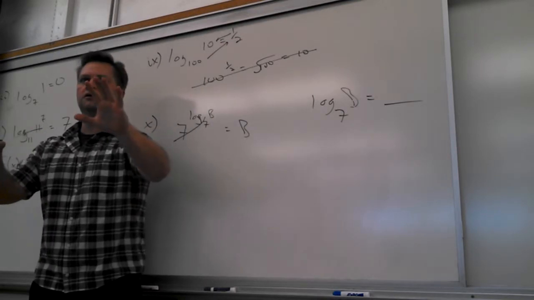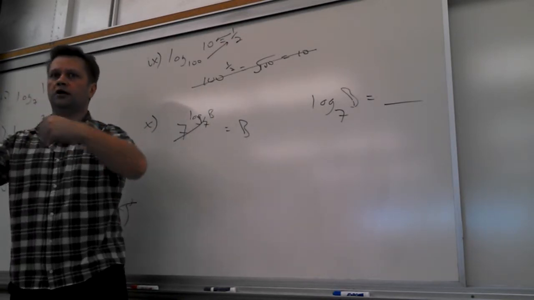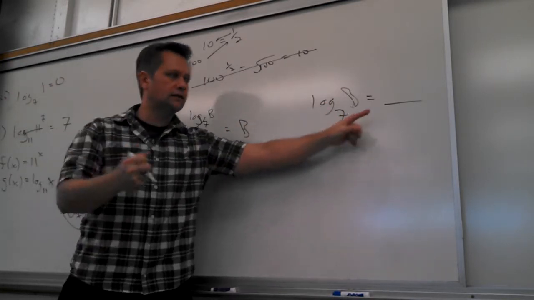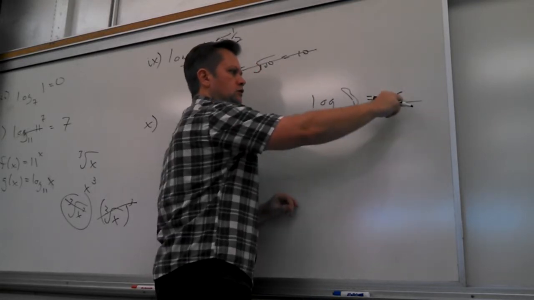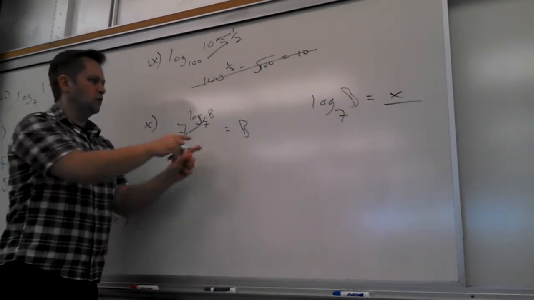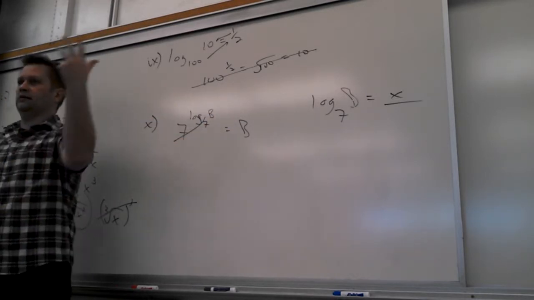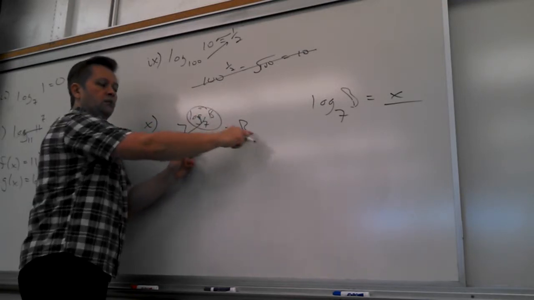Are you with me? I really want that to sink in. If you understand what I just said, you're really pretty good right now. So this represents the answer. Whatever the answer is, it would have to be what 7 is raised to make b. So what happens when I raise 7 to it? I get b. That's what it says. It's the power that 7 needs to become b.